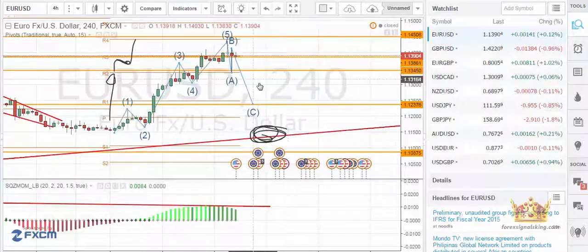But we can somehow predict that if Euro had some strong bearish momentum, reached this point with strong bearish momentum, it will go all the way down to this area. Maybe it can retrace from here upward, then it will go all the way down to this area. This is our most probable scenario.